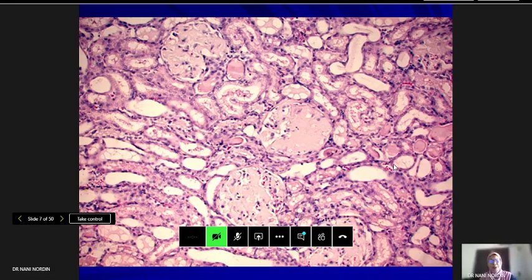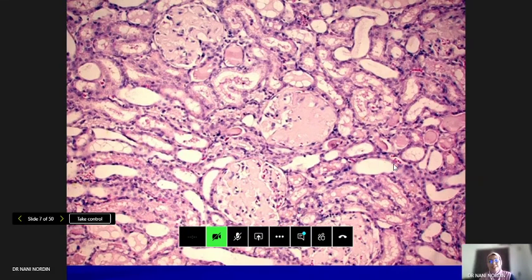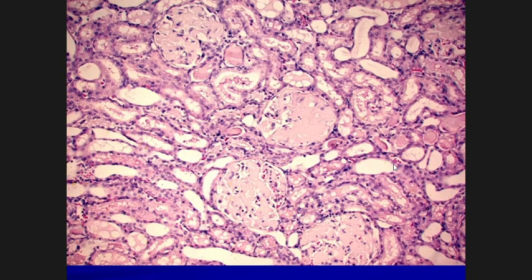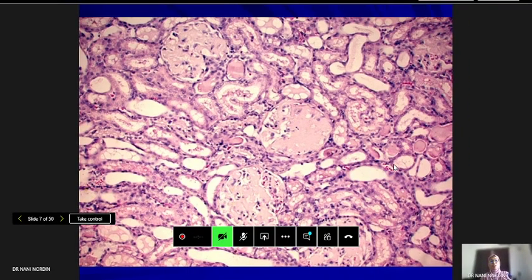But with necrosis, you would expect to see more inflammatory cells surrounding it because of inflammation. Of course it has to tally with the history, and you will see a lot of inflammatory cells as well. But yes, necrosis will more or less look the same.